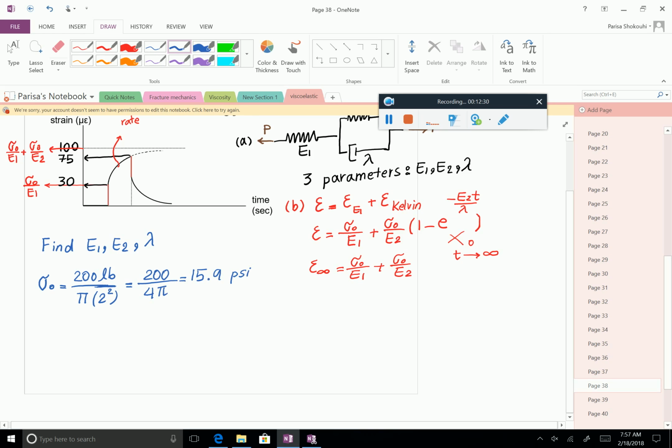Okay, now that we have it, if you want to calculate the model parameters, which one is the easiest? Well, I think the easiest is to get E1, because we know that this instantaneous deformation in the beginning, the 30 microstrain, is sigma 0 over E1. Now we also know sigma 0, we just calculated it. So it's easy to get E1.